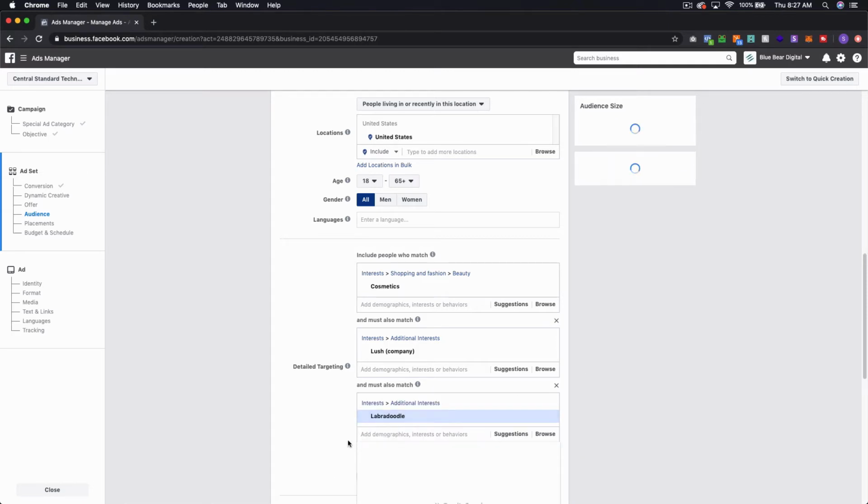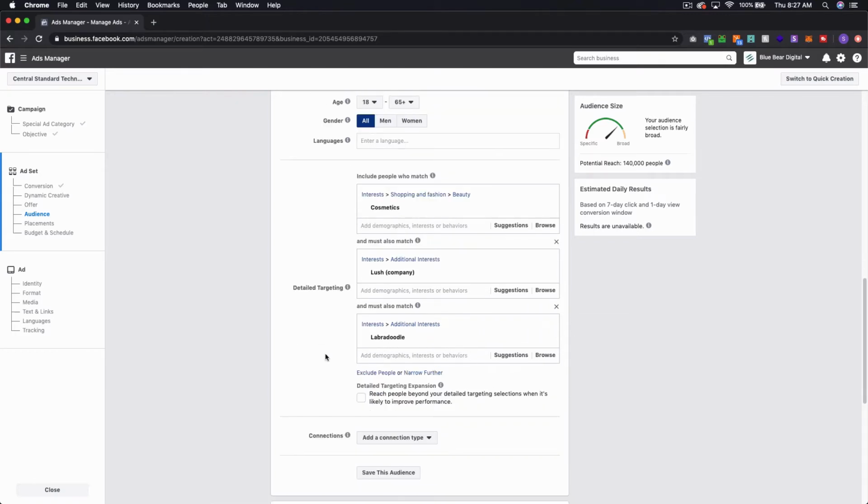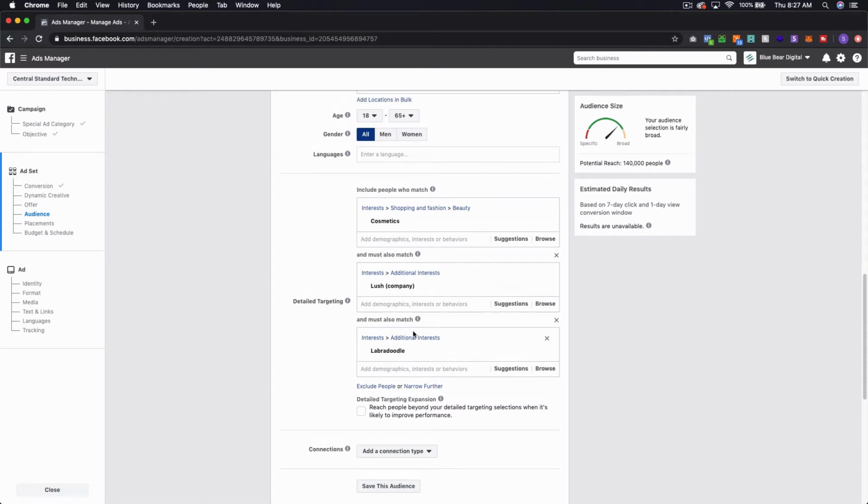There's a million people who like labradoodle. So now we're down to 140,000 people. And this could be interesting if you're selling organic cosmetic products that feature labradoodles on the packaging or something like that. I mean, who knows? But generally, I think that you could keep going further and further until you have just a couple of people that might be interested in your product.